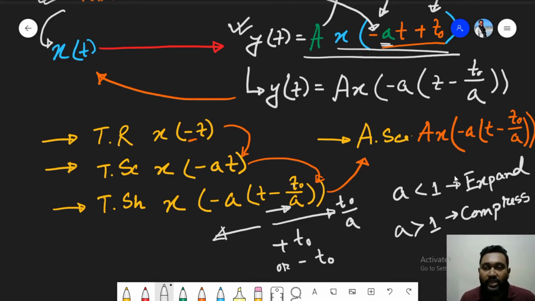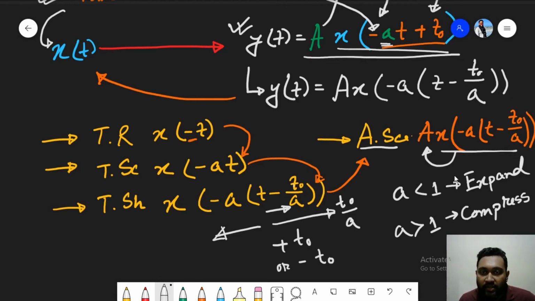This is very important. Then finally, we have modified our basic signal. Then we need to do simply our amplitude scaling, multiplying the signal by simply the amplitude A, capital A, that is given.